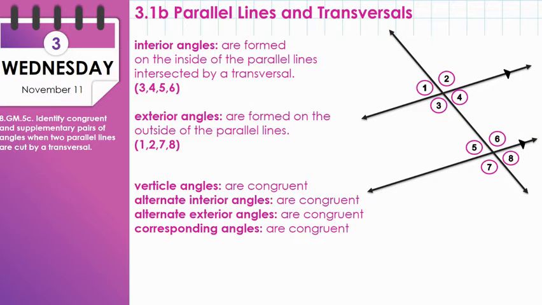Corresponding angles. Corresponding angles are on the same side of the line. They're just not straight angles. So if we were looking at, and again, let me change to my highlighter, if we were to slide this angle in this direction, angle 1 would line up with angle 5.